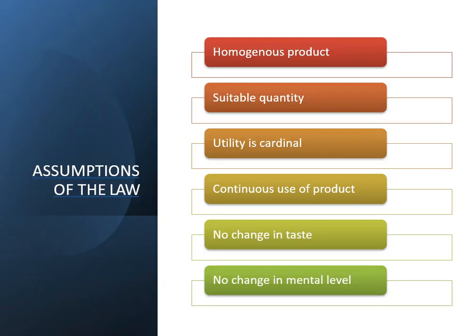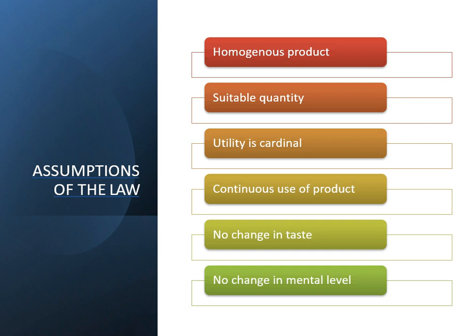What are the different assumptions of this law? The first assumption is a homogeneous product. What is meant by a homogeneous product? It means that the unit which we used the first time, we have to use the similar unit for the second time and for the third time, and then for the fourth time and so on.